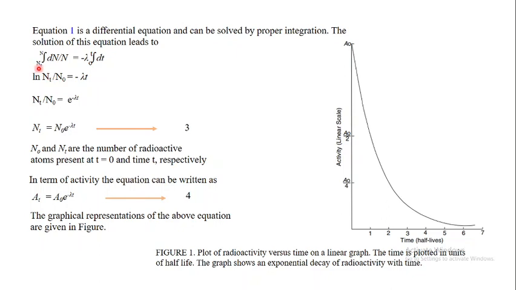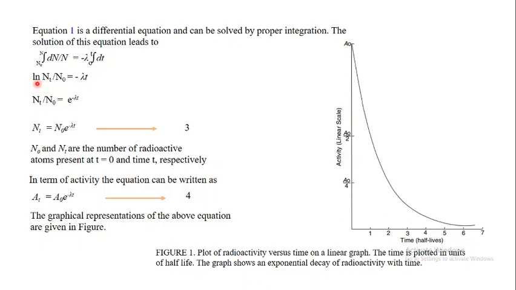N naught is the maximum number of radionuclides at time 0, and Nt is the number after some have disintegrated over the period 0 to t. So log Nt divided by N naught is equal to negative lambda t.